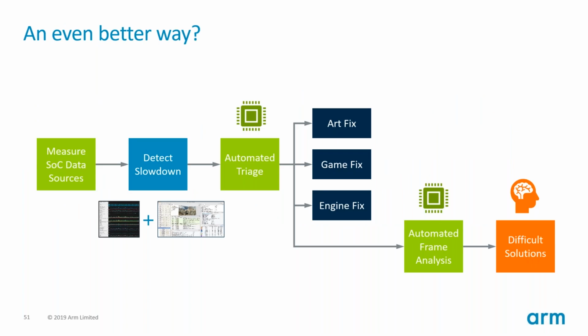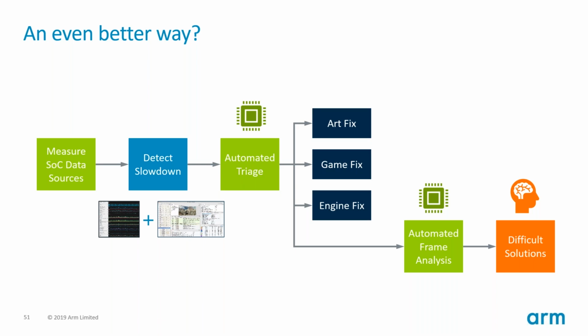Finally, we're looking further out at potentially an even better way. So we've mentioned Performance Advisor for doing that initial automated triage, but if you find the GPU problem, how do we provide very specific feedback within the frame of rendering to identify very low-level improvements an application should make?